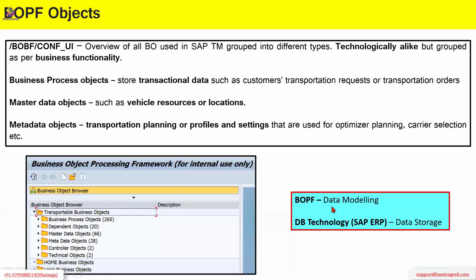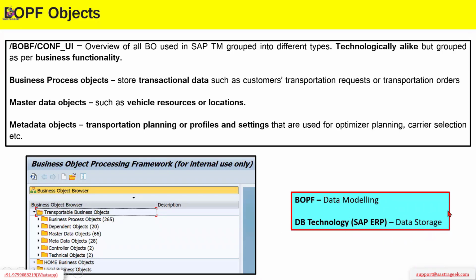Data modeling with respect to BOPF is based on the way the objects are structured and segregated. That refers to data modeling. But similarly, data has to be stored in tables and fields, right?